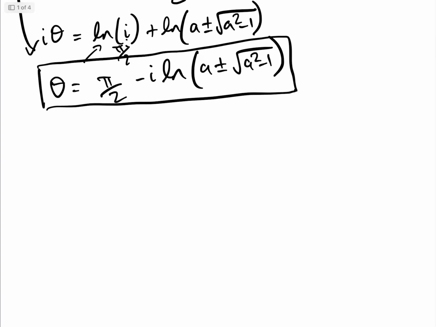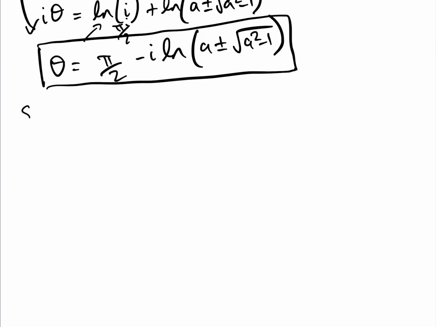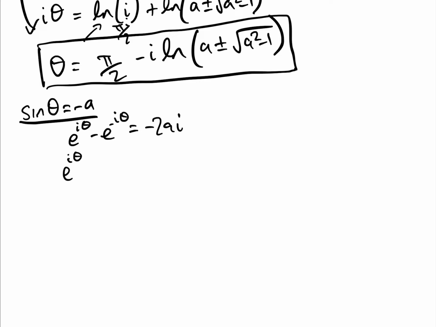Okay, so now let's move on to the next one, which is sine theta equals minus a, and you will see there are some fairly good similarities here. So we have therefore that e to the i theta minus e to the minus i theta equals minus 2ai now. So again, forming our quadratic, exactly the same, e to the i theta squared add 2ai e to the i theta minus 1 equals 0.